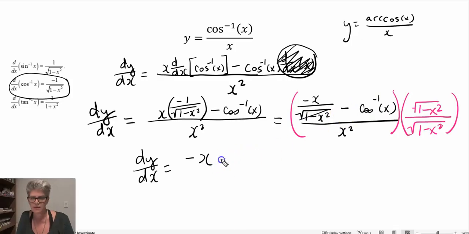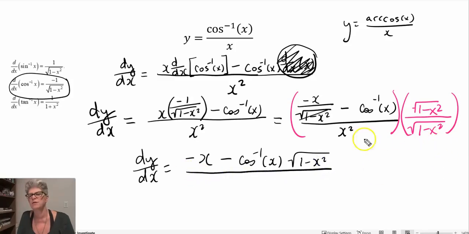Then I'm going to have minus, and then inverse cosine of x times square root of 1 minus x squared. And then in the denominator, I'm just going to multiply those together, x squared times the square root of 1 minus x squared.